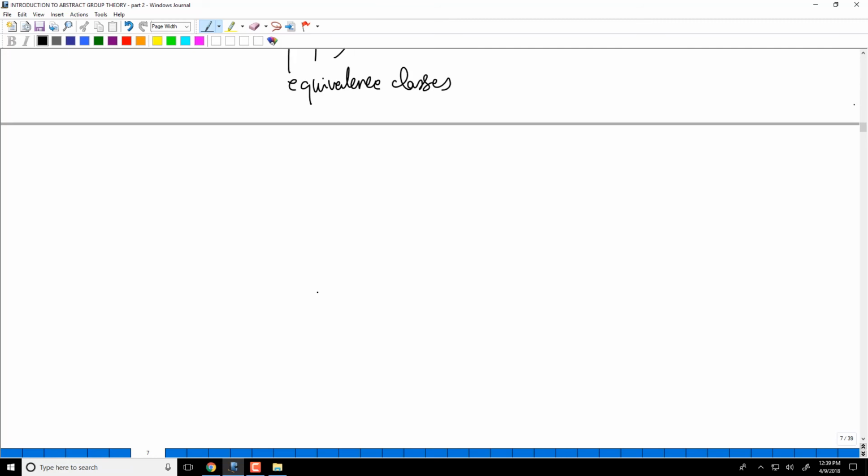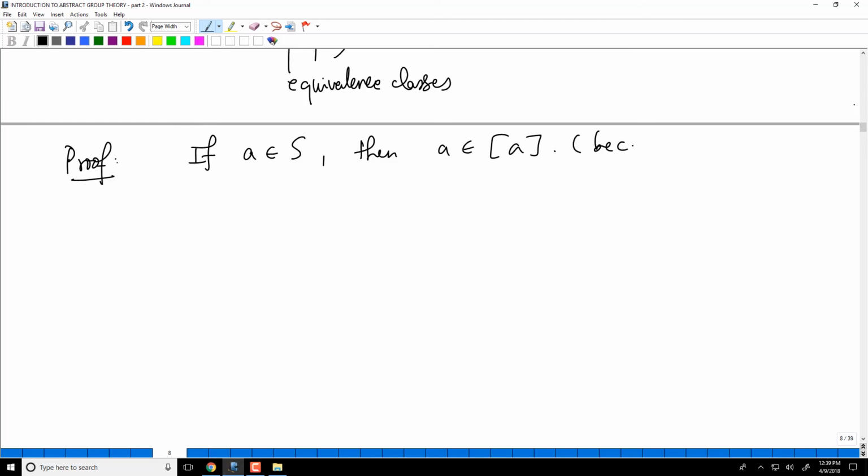So let's prove this. So first of all, if A belongs to S, then A belongs to the equivalence class of A, right? This is because, remember, one of the first properties of an equivalence relation is that an element is related to itself.